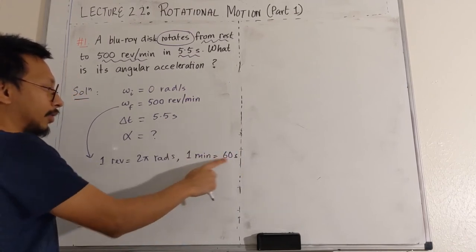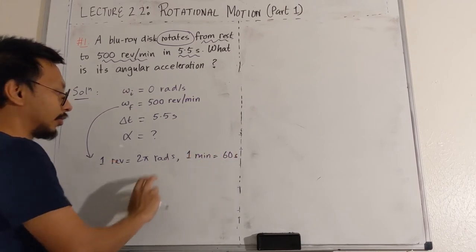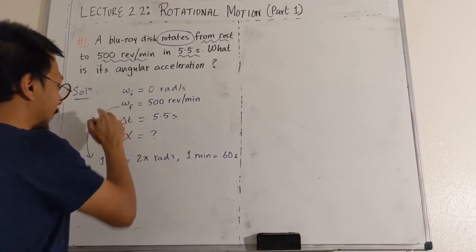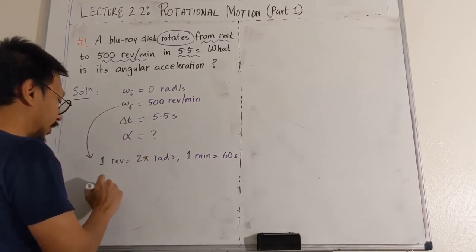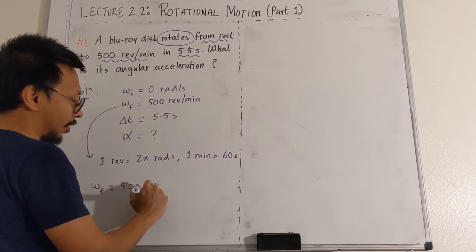Okay, minutes to seconds, we are going from a bigger unit to a smaller unit. Revolutions to 2 pi radians, we are going from a bigger unit to a smaller unit. So let's convert this. Omega f given to us as 500 revs per minute.